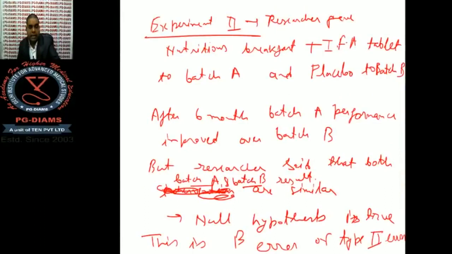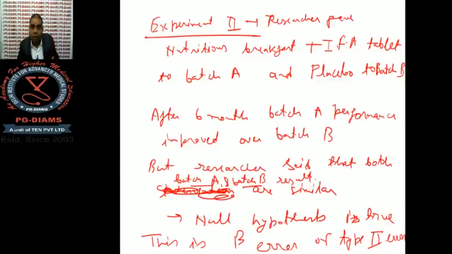Okay, in type 2, actually by giving breakfast and IFA tablet, the result of batch A improved, but the researcher was not able to capture that effect, and the researcher said that my experiment is similar to giving placebo. That means in spite of getting a significant result, the researcher neglected it.